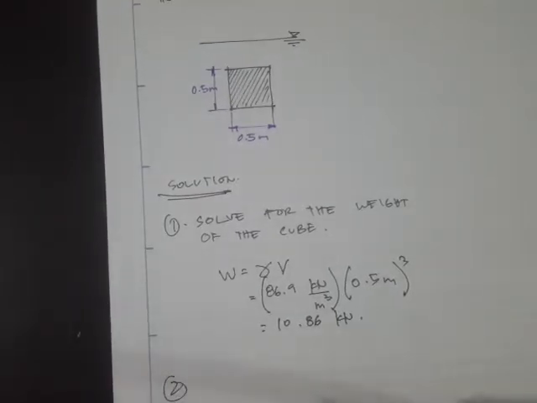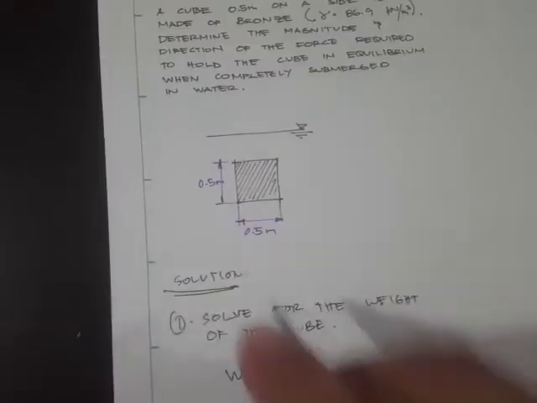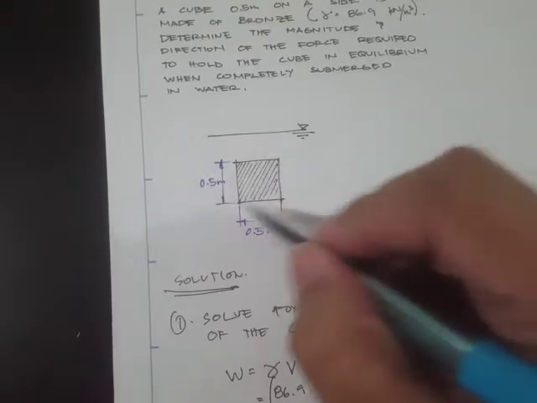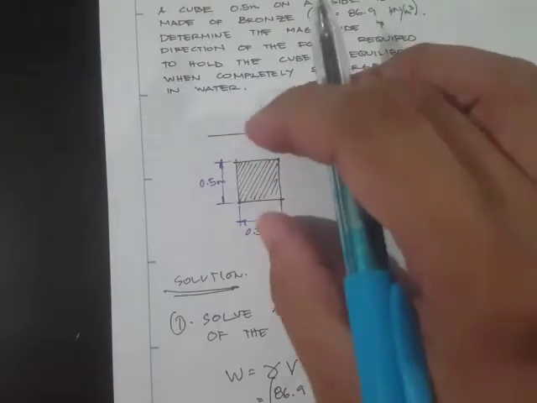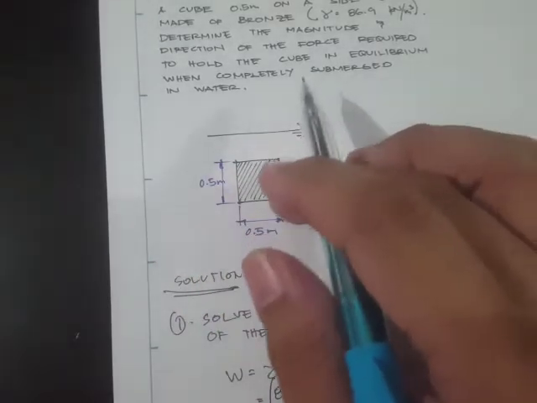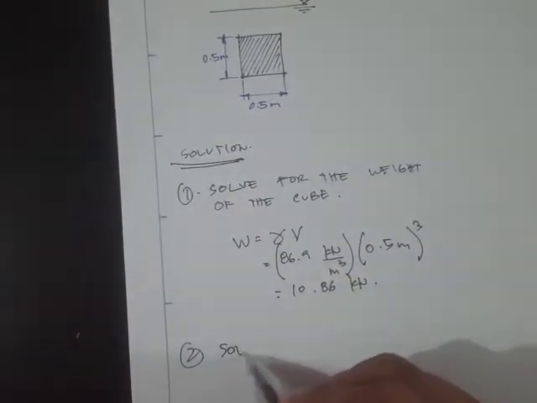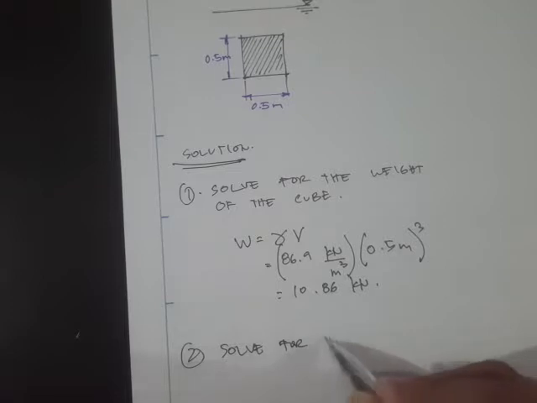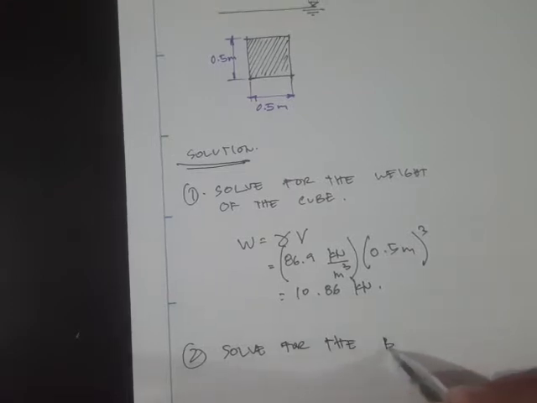Okay, so we have the weight, and I guess we can also find the buoyant force. Why? It's because we have this displaced volume. The volume of the solid is just equal to the displaced volume because it is fully submerged. So solve for the buoyant force.